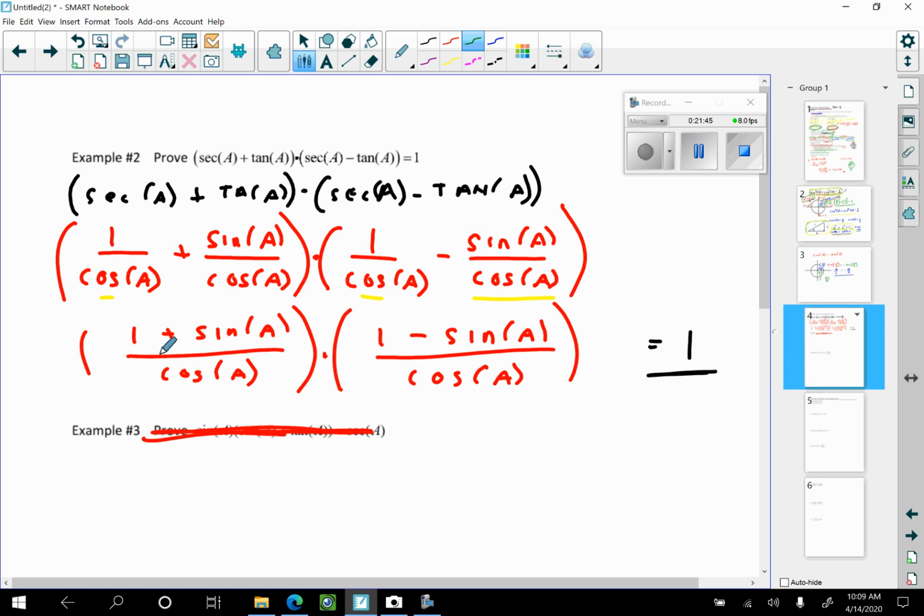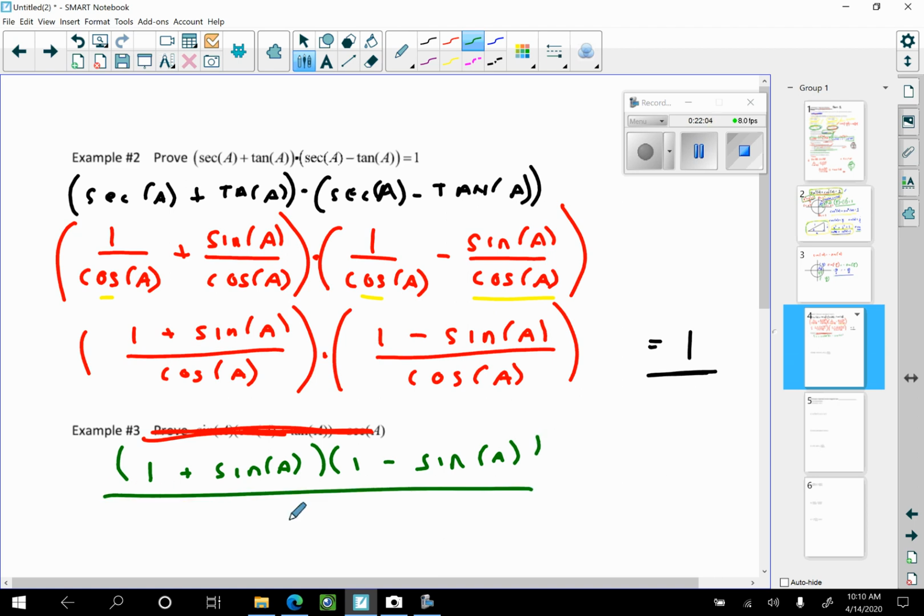And now, if I multiply the top, look at what the top looks like. The top is 1 plus the sine of A times 1 minus the sine of A. The bottom is simply going to be cosine squared, because it's going to be cosine times cosine.